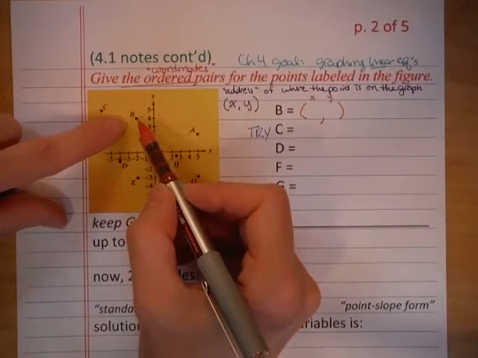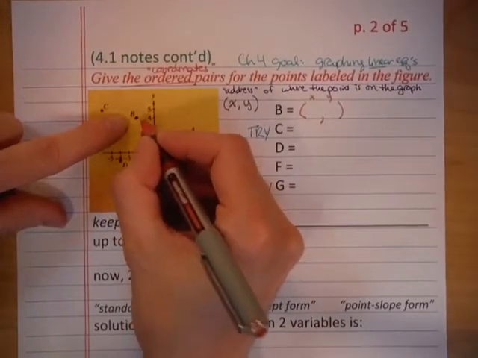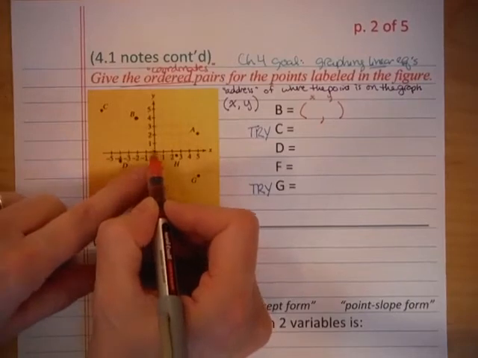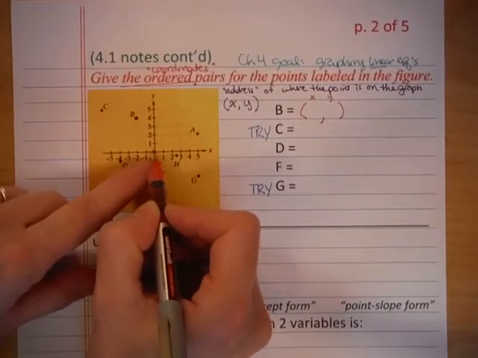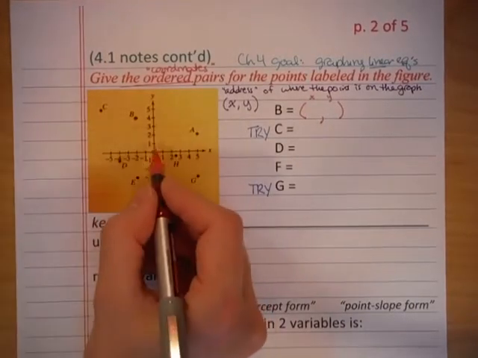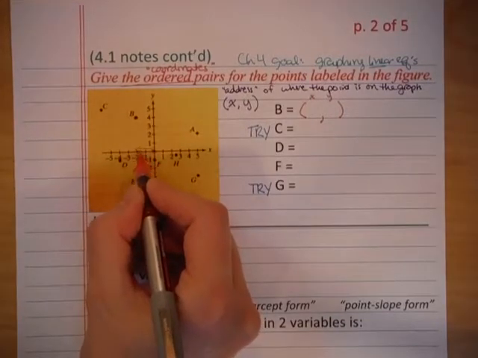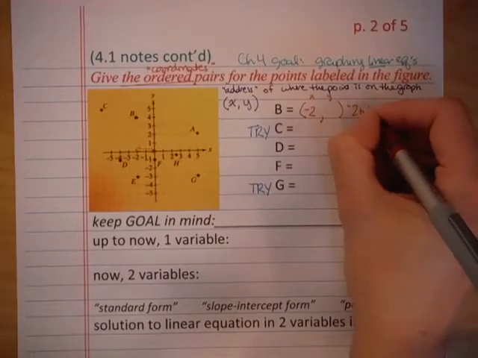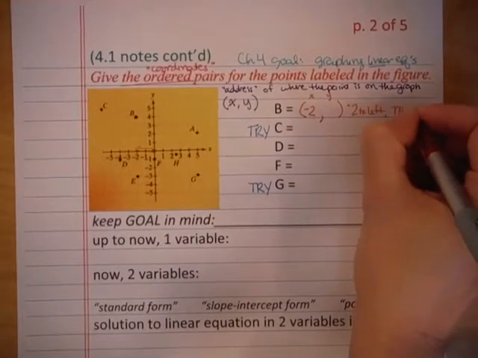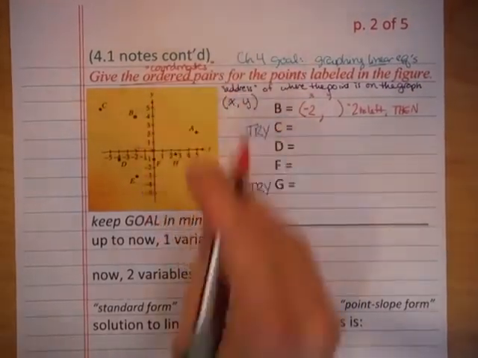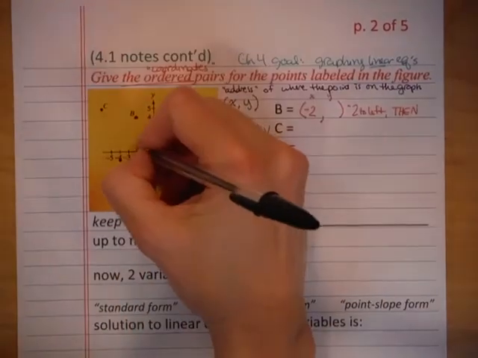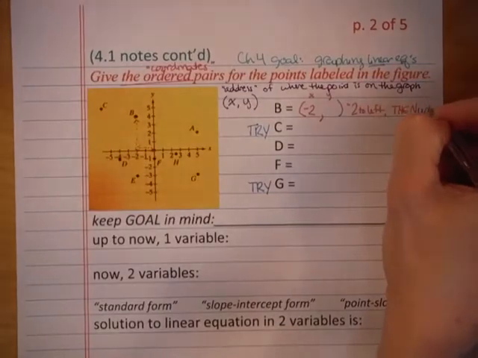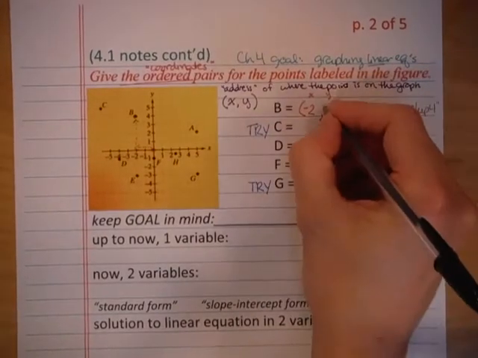So as we locate point B here, you look to see first, did it go left or right from the origin? How would we get there from the origin? You're basically creating a little roadmap for somebody. So we went 2 to the left, so that's negative 2. Then from there, we went up 4, which would be a positive 4.